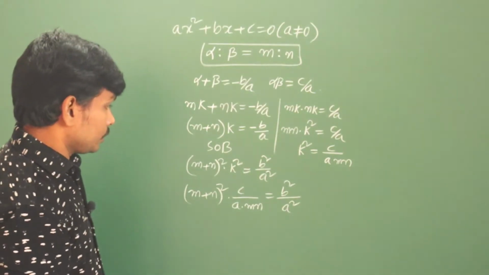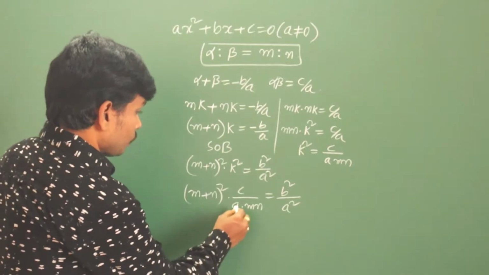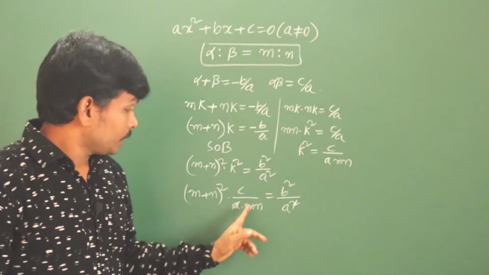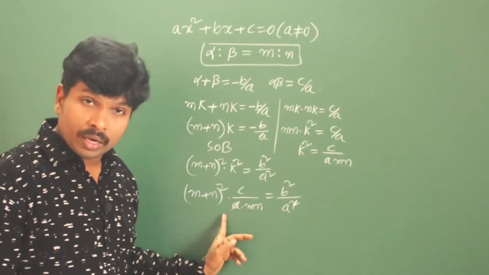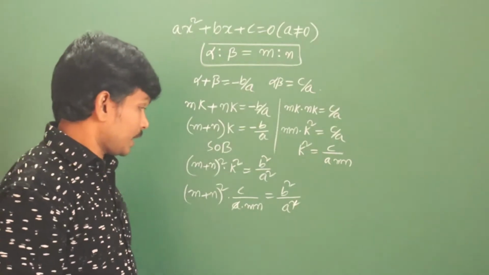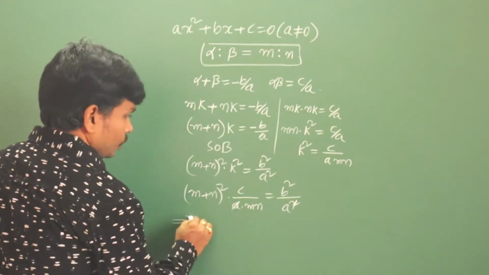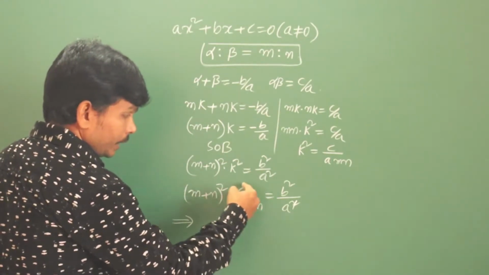Observe here, definitely one a gets cancelled, because a square is nothing but a into a. It is in the denominator, it is also in the denominator. One a gets cancelled, one a is still there. Now you cross multiply it. Here a is there, no? Cross multiply a into c, ac.